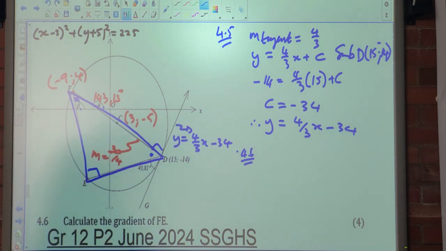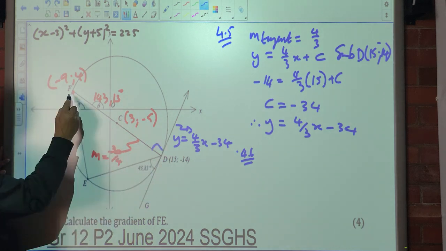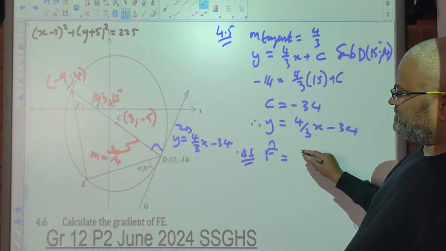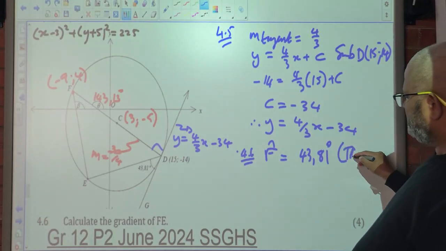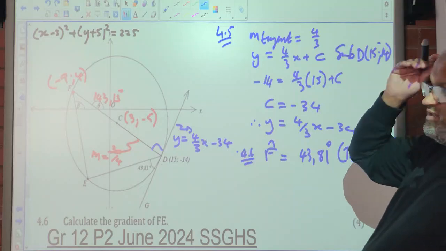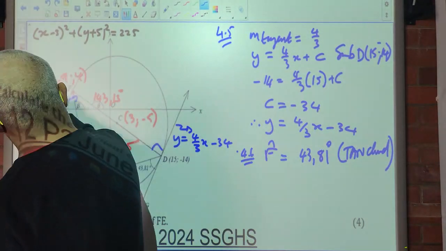Let's just check on the memo. Oh yes, this easier way. The memo has it, it is the tan chord theorem. Can you see it? There's a tangent, so that angle is equal to angle F. So angle F is equal to 43,81, tan chord theorem. Do I need to write my reason here? No, it's not Euclidean geometry, unless they say with reason.